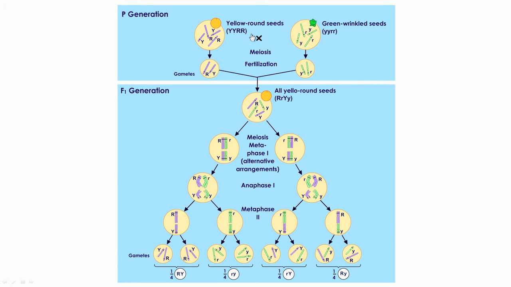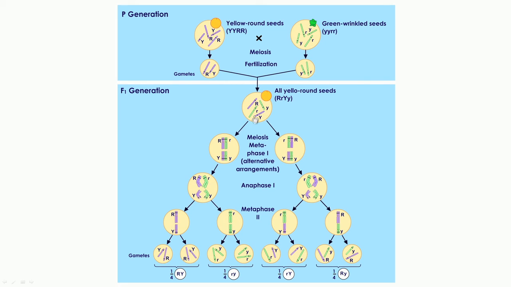Yellow round seeds, true breeding, therefore capital Y, capital Y, capital R, capital R, and green and wrinkled would be small y, small y, small r, small r. During meiosis they form gametes. These gametes would only be capital Y, capital R. These gametes would only be small y, small r, and upon fertilization these are the 2 possibilities.